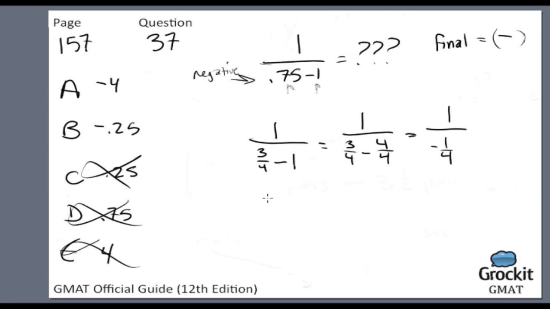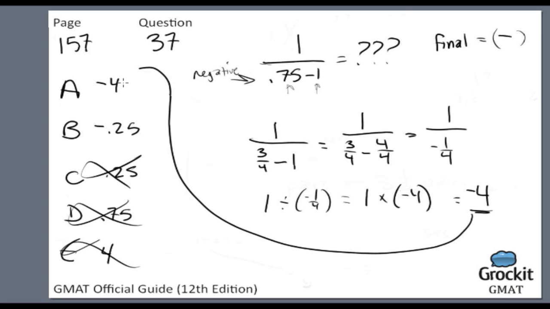Remember, when you're dividing fractions, 1 divided by negative 1/4, it's the same thing as 1 times, you invert the fraction and multiply at the same time, negative 4, which is, unsurprisingly, negative 4 itself, answer choice A.